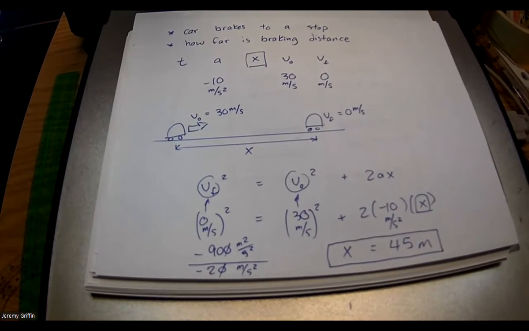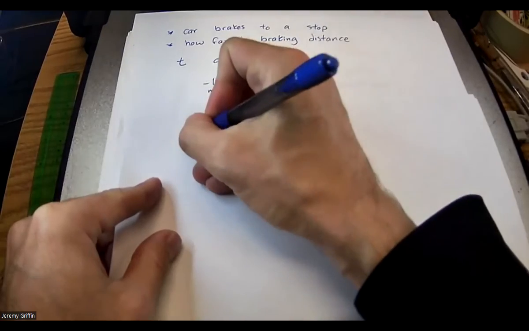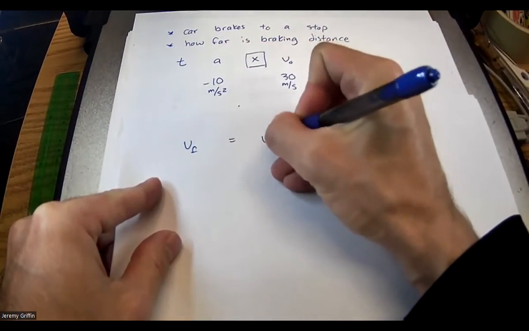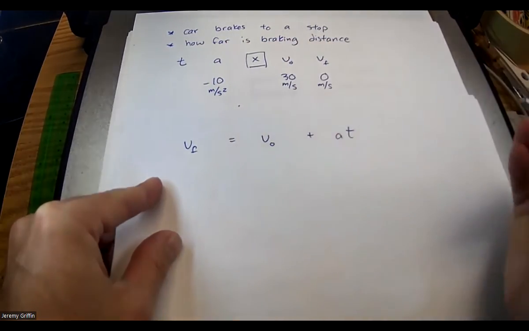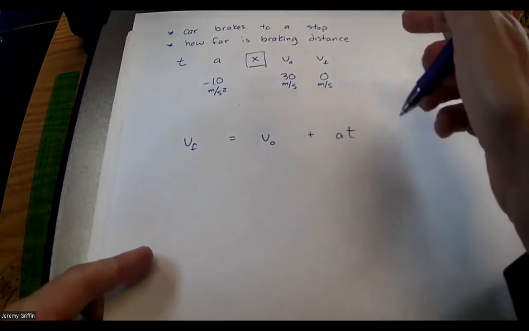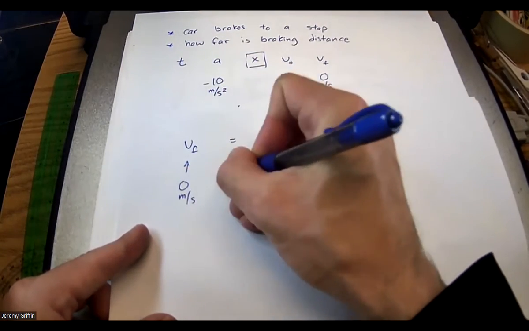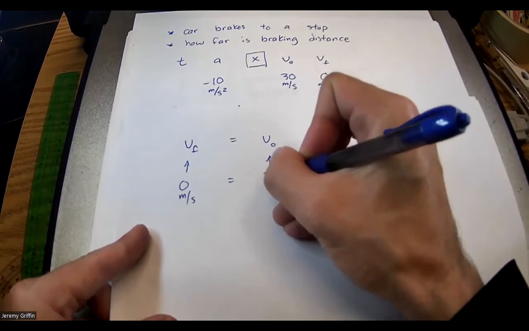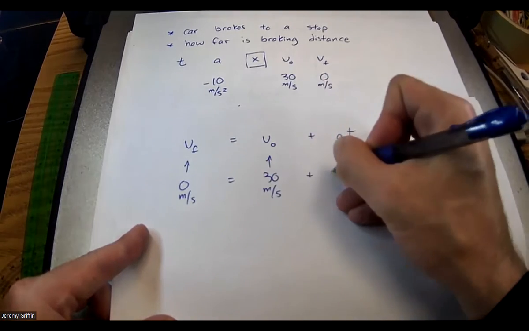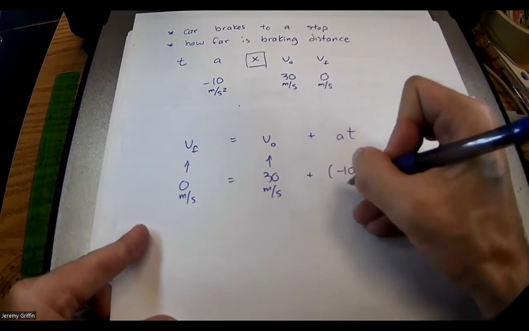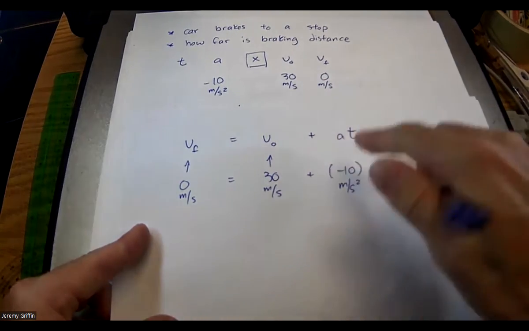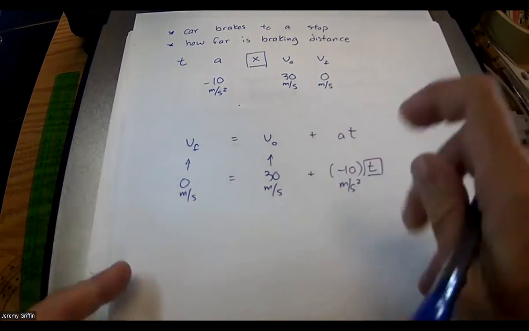Let's try it out. Let's see if that works that way. So final velocity equals initial velocity plus acceleration times time. Okay, let's start popping stuff in here. I know I'm going to 0 meters per second from 30 meters per second, and then slow down at a rate of 10 meters per second per passing second for some amount of time.